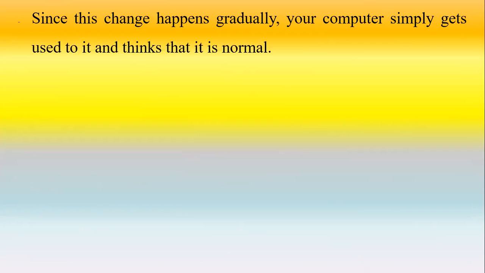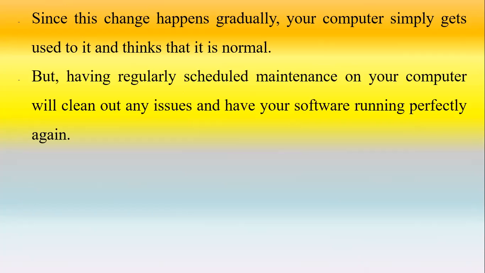Since this change happens gradually, your computer simply gets used to it and thinks that it is normal. But having regularly scheduled maintenance on your computer will clean out any issues and have your software running perfectly again.